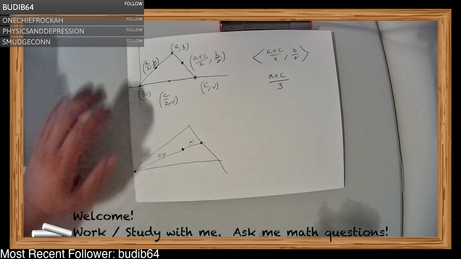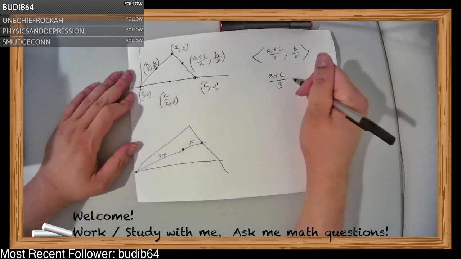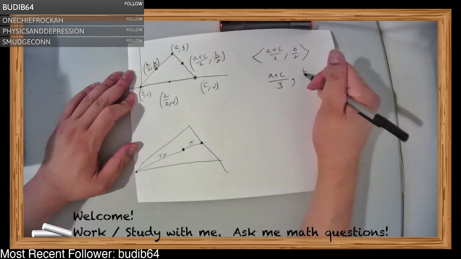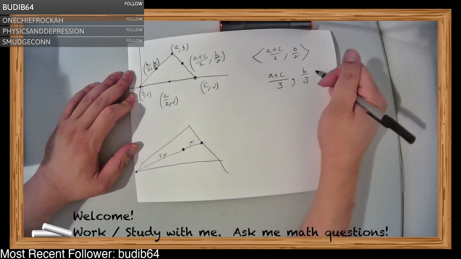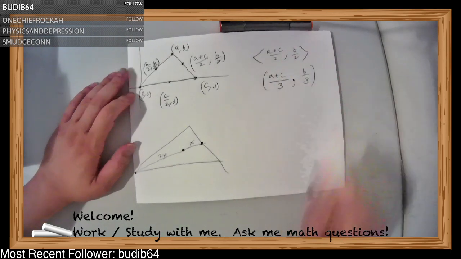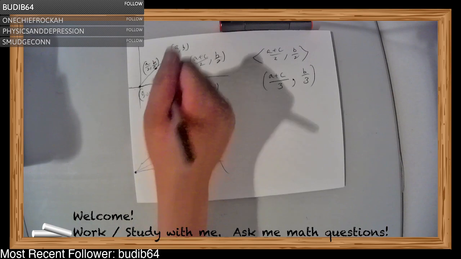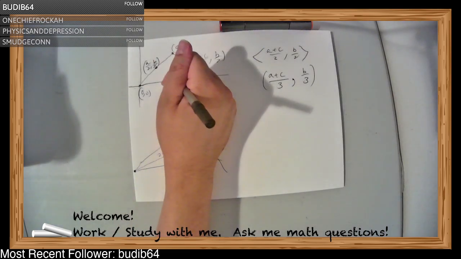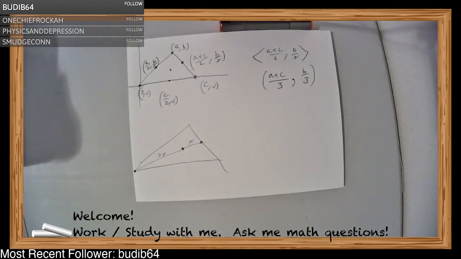Okay, this is starting to confuse me. That's okay, though. And b over 3. So I think this is the coordinate we want for 1/3 of the way from here to here. Let's hope that's right.